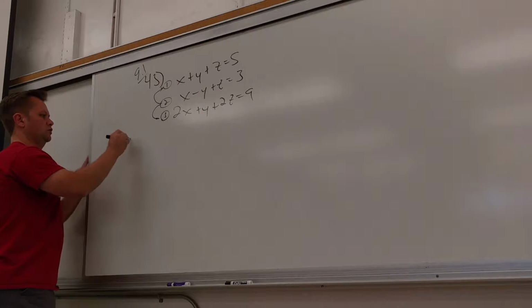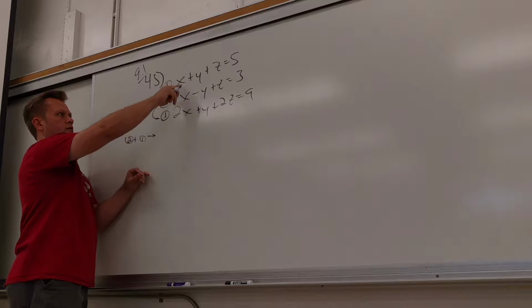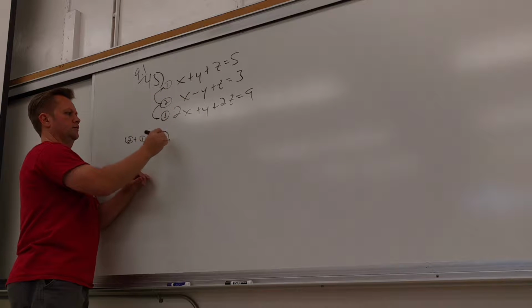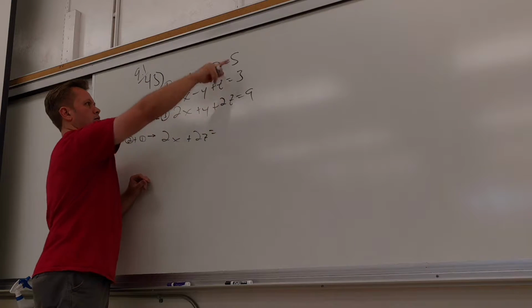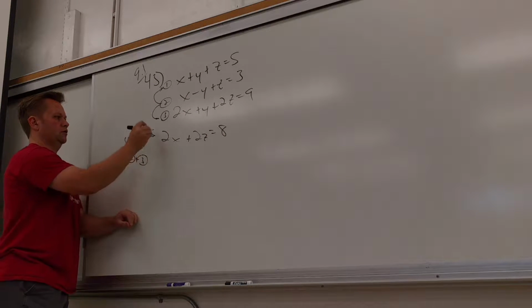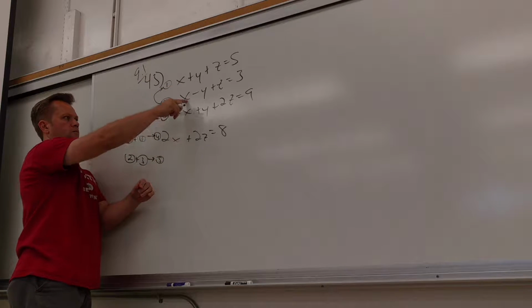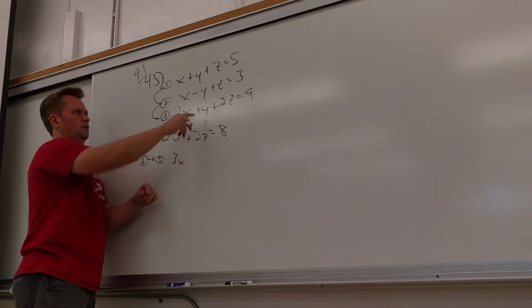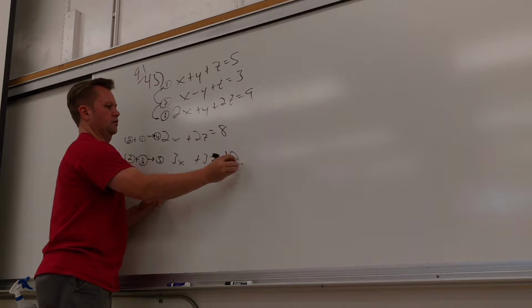So if I add 2 to 1, what do I get? 2x plus 2z equals 8. And if I add 2 to 3, so this is the fourth equation here, 3x plus 3z equals 12.